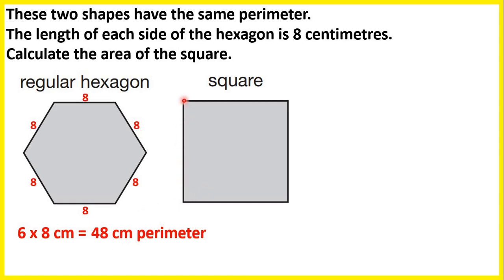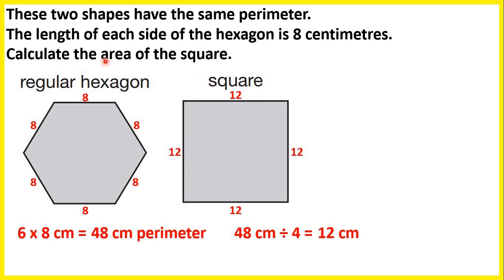Now with a square, we have 4 sides of the same length. So to find the length of one side, if we know the length of 4 sides, so the perimeter is 48, we can find the length of one side by dividing 48 by 4. So that's 12, which means the square has sides of 12 centimetres.